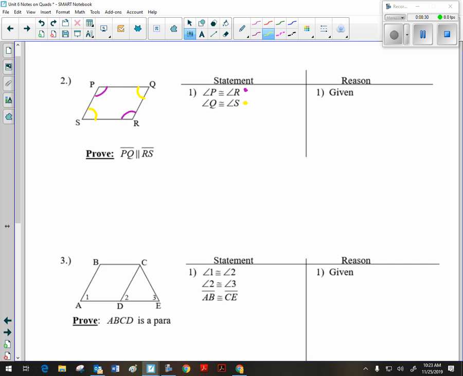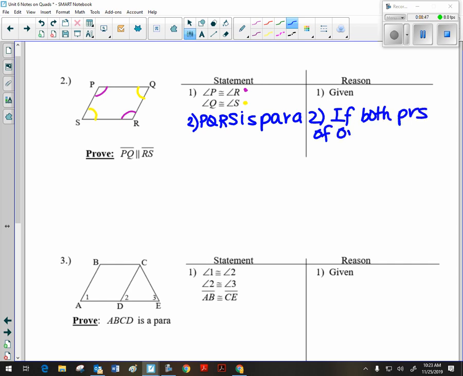And as soon as I take a look at those two things, what I notice is that my PQRS is now going to be a parallelogram, because one of the ways to make a parallelogram is if both pairs of opposite angles are congruent, the quadrilateral is a parallelogram. So that's just flat out one of the rules. They gave me everything I needed to turn that four-sided shape into a parallelogram.